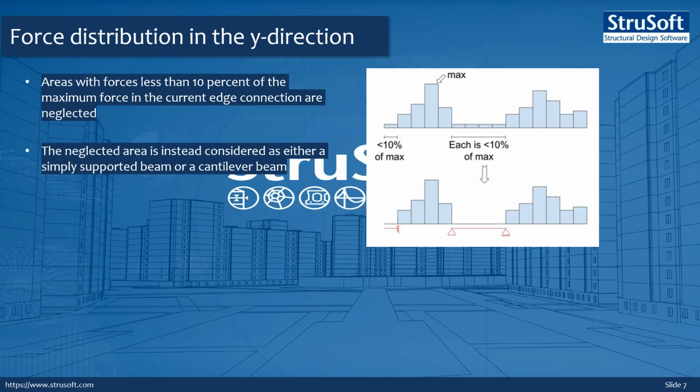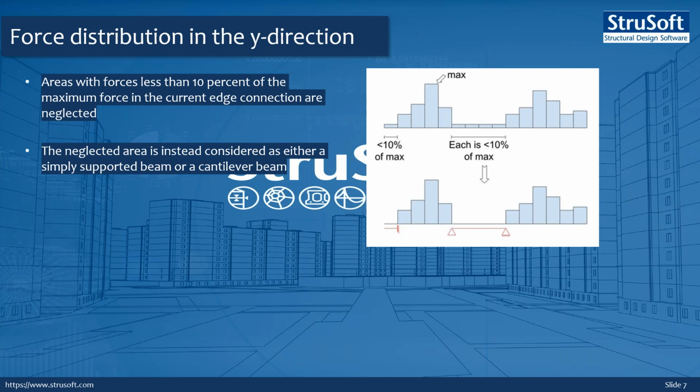Meaning, if we consider the forces in an edge connection and we find the maximum value, we neglect all other areas that have a force that is less than 10% of the maximum value.